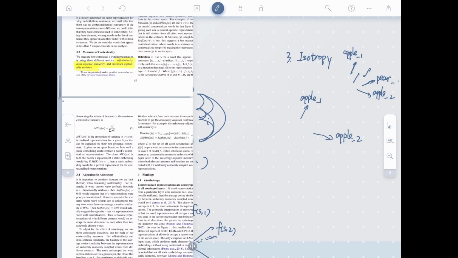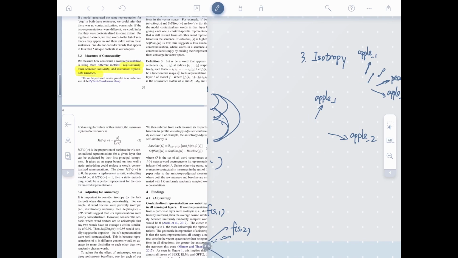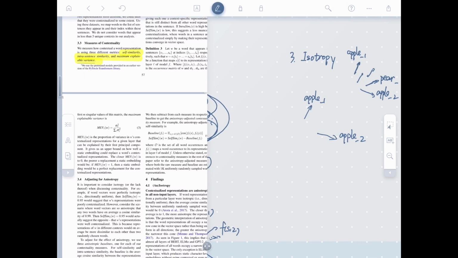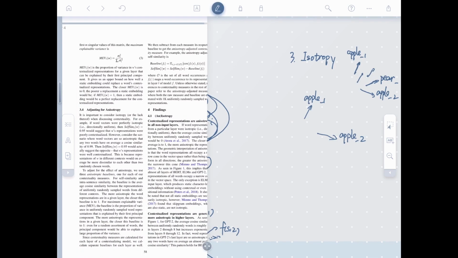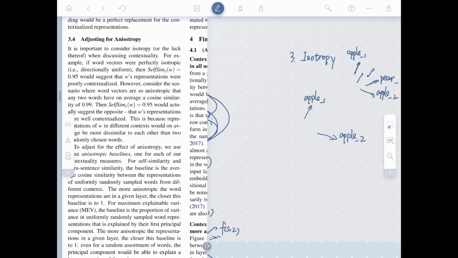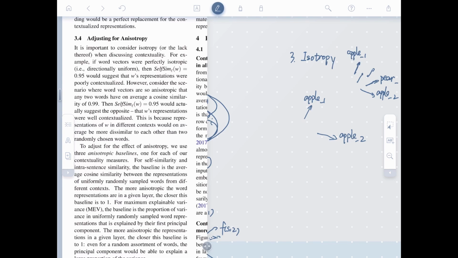So we need to compare it against an isotropic baseline. For self-similarity, the baseline is the average cosine similarity between the representations of uniformly random sample words from different contexts.